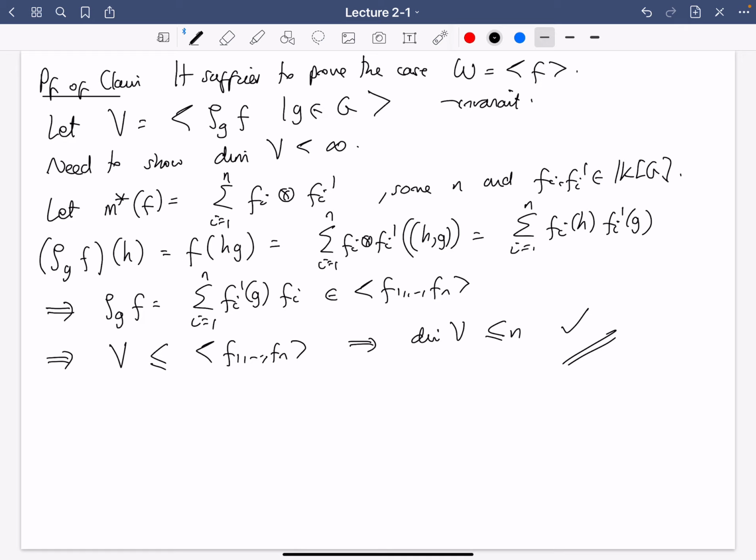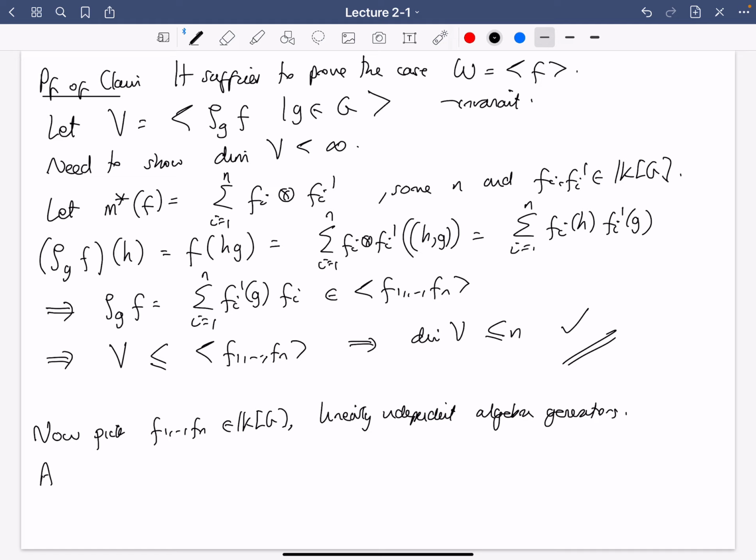So now, given the claim, I'm going to pick f1 up to fn in k of g so that they're linearly independent and so that they are algebra generators for this algebra k of g. If I apply the claim to the space W spanned by those guys, I may have to make this vector space a bit bigger.